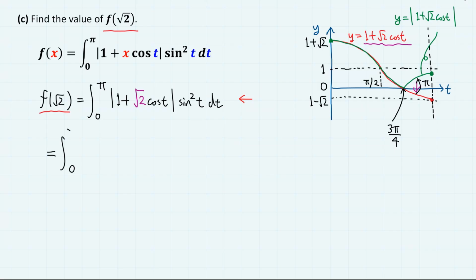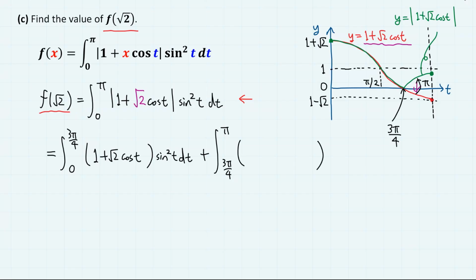Therefore, from 0 to 3 pi over 4, 1 plus square root of 2 cosine t is positive, so we just write 1 plus square root of 2 cosine t, times sine squared t, dt. And from 3 pi over 4 to pi, we have the negative part, hence we must reverse its sign. So we have minus 1 minus square root of 2 cosine t, times sine squared t, dt.